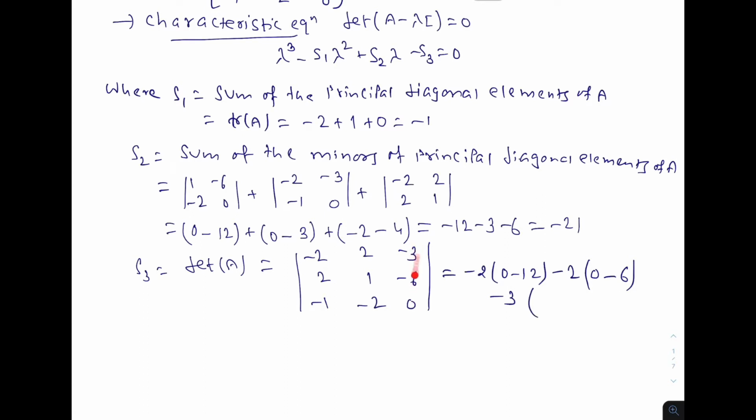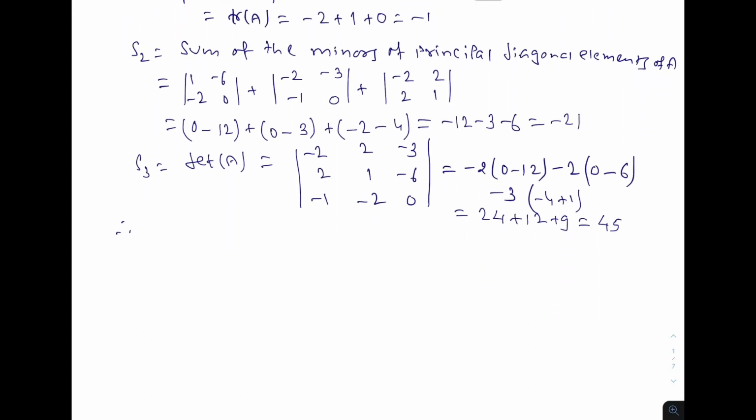Now for the third column, first row not there, these four elements are there, so this is 2 into minus 2, that is minus 4, and minus 1 into 1 is minus 1, so minus and minus 1 is plus 1. So that is equal to 24 plus 12 plus 9, which is 45.